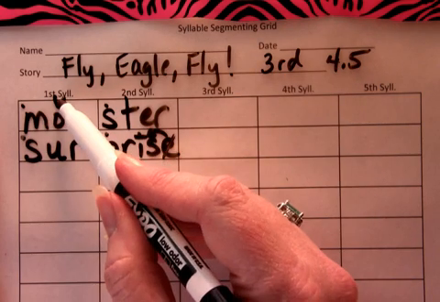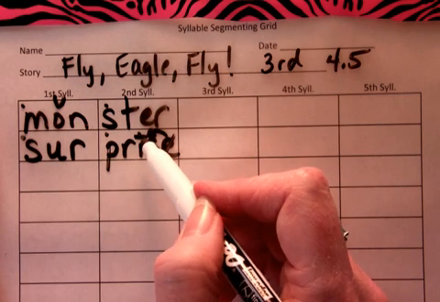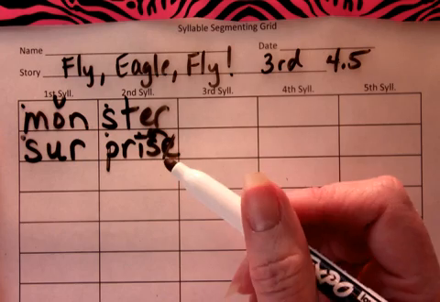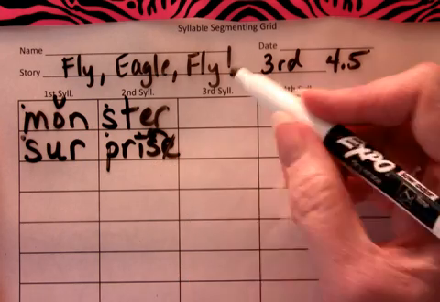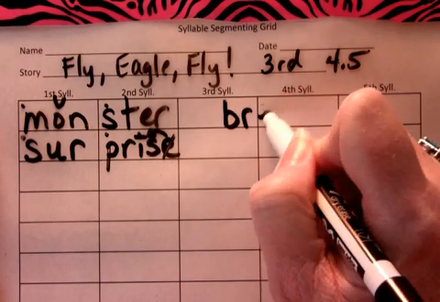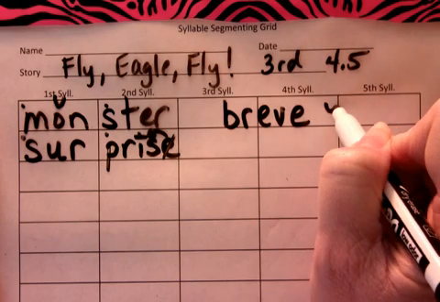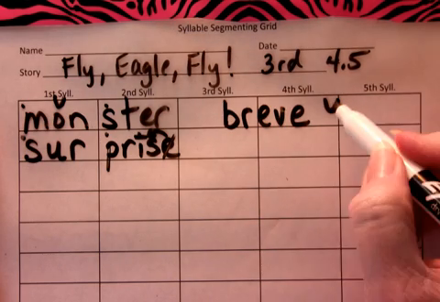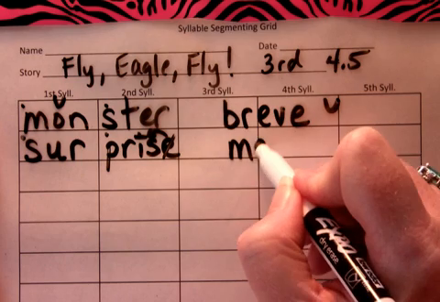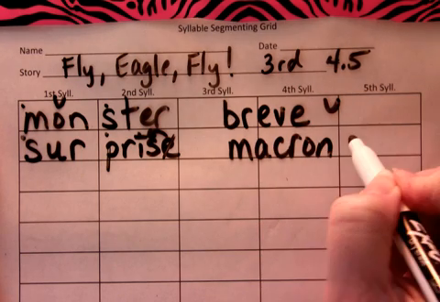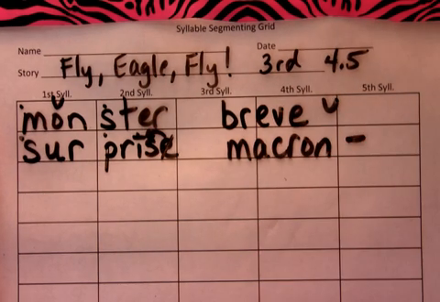The short one is a breve. The long one is a macron. So, let me write it. Breve is the short one, and macron is the long mark.